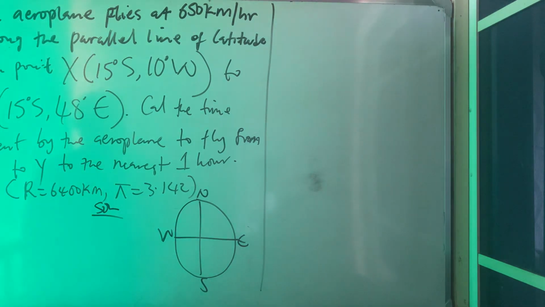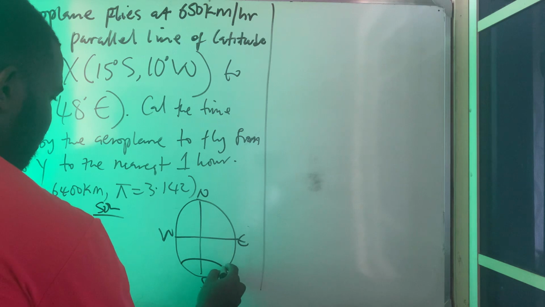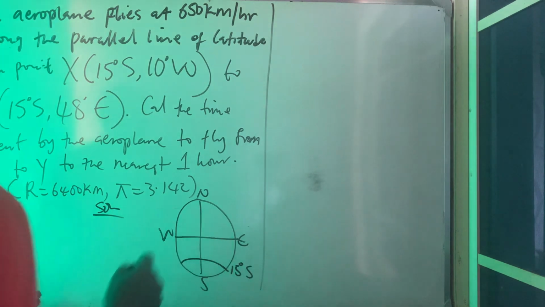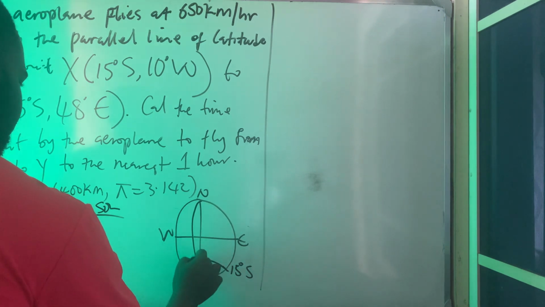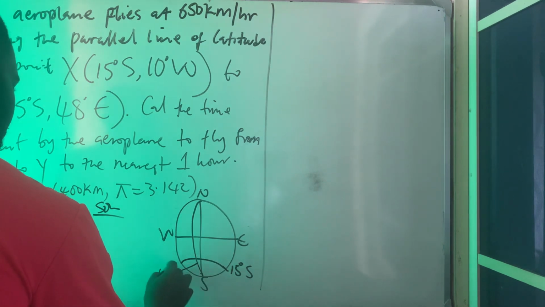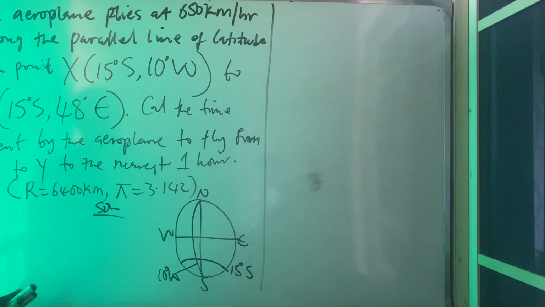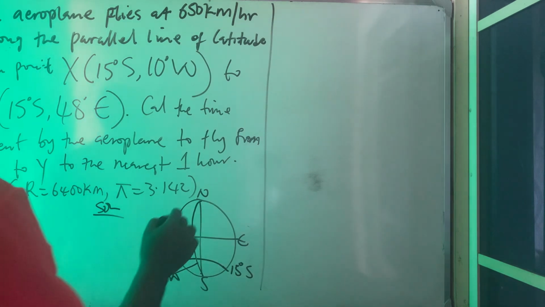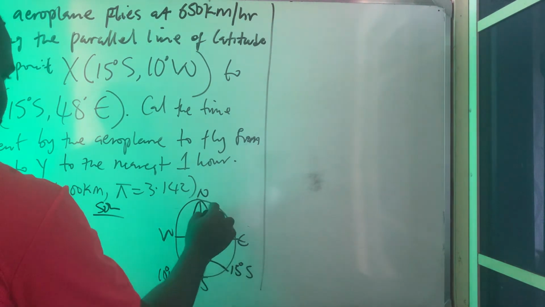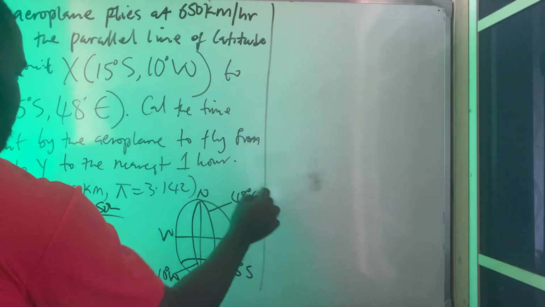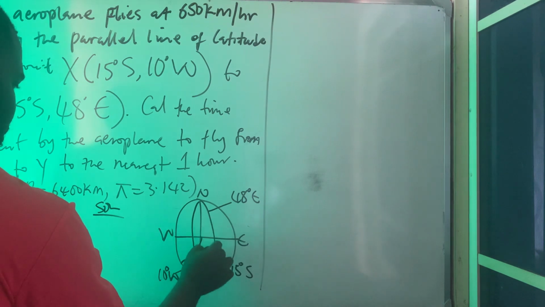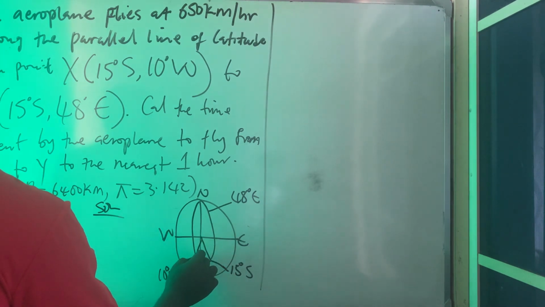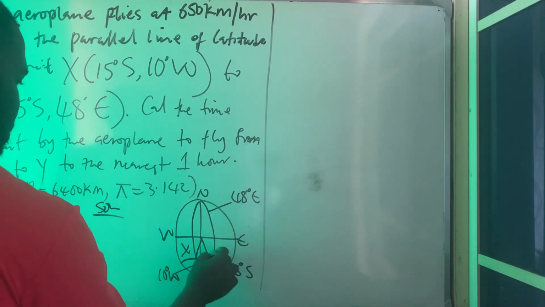We have 15 degrees south, 10 west, and 15 south again, 48 degrees east. This is their meeting point, these two places. Take them to the middle and call this one X, and this one Y.